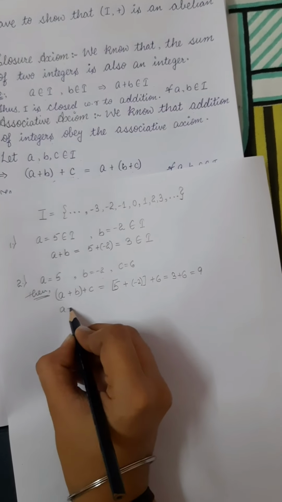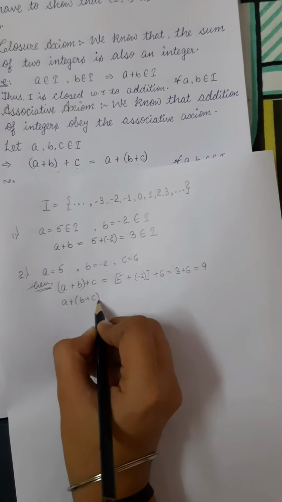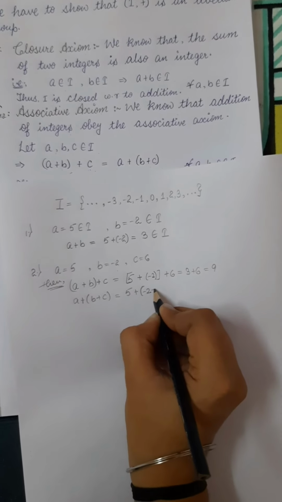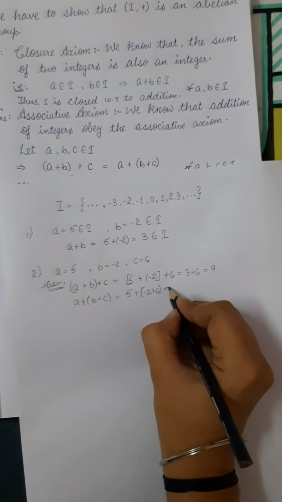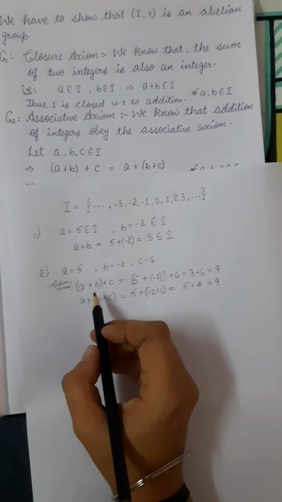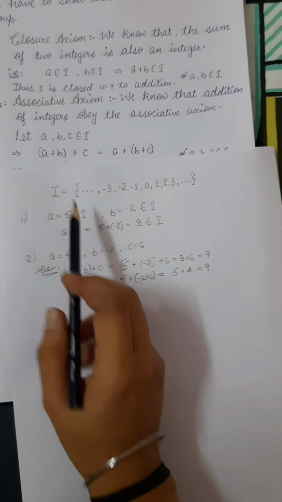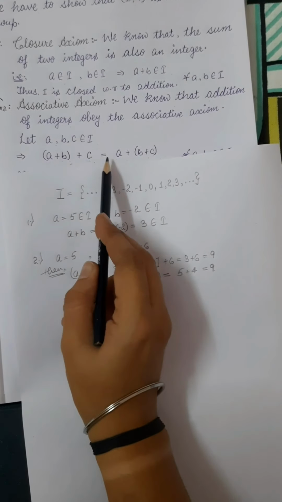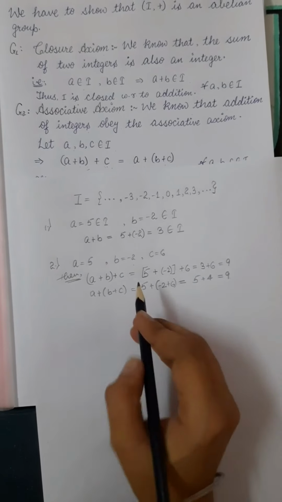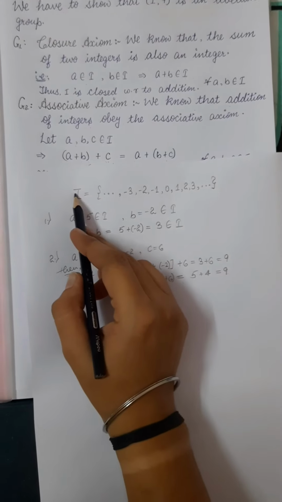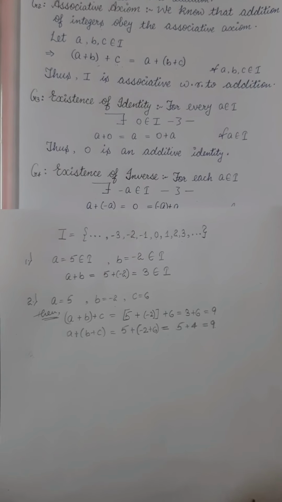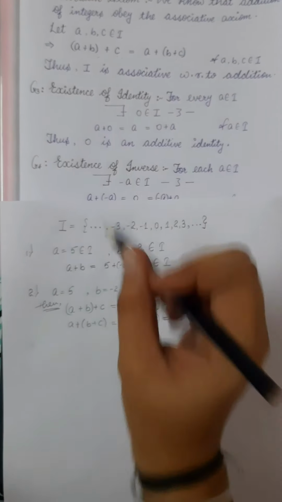Now, next a + (b + c). So, 5 + (-2 + 6), which is equal to 5 + 4, again equal to 9. This shows that (a + b) + c gives the same answer as a + (b + c). So, the set of integers satisfies the associative axiom. Now, the third axiom is identity.